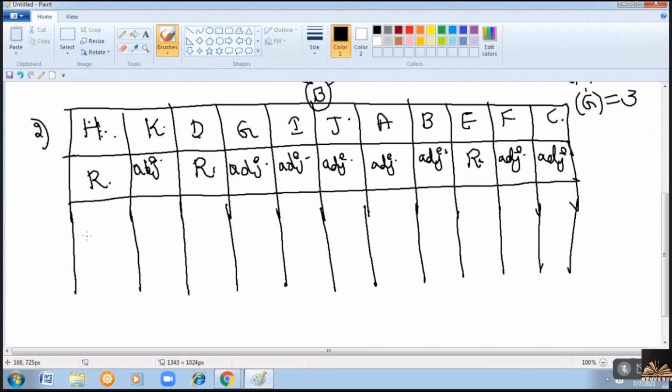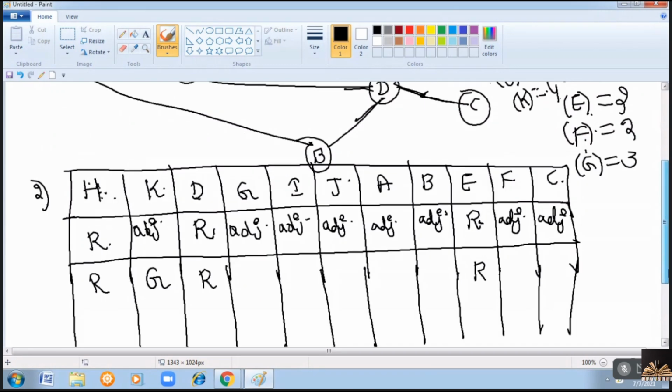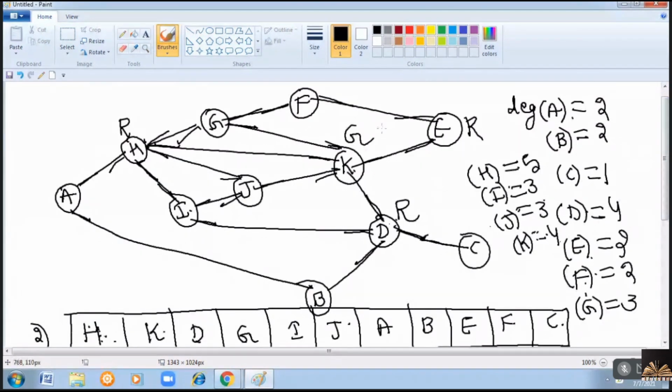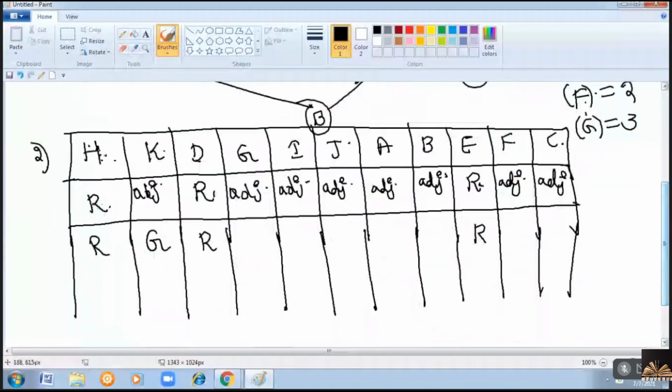Now repeat the same step. Those which are colored, please write them as they are. Now this is your first vertex, right? Color the first vertex with a new color. Now let me color K with green. Move down the list to whichever vertices are not adjacent to this colored vertex.